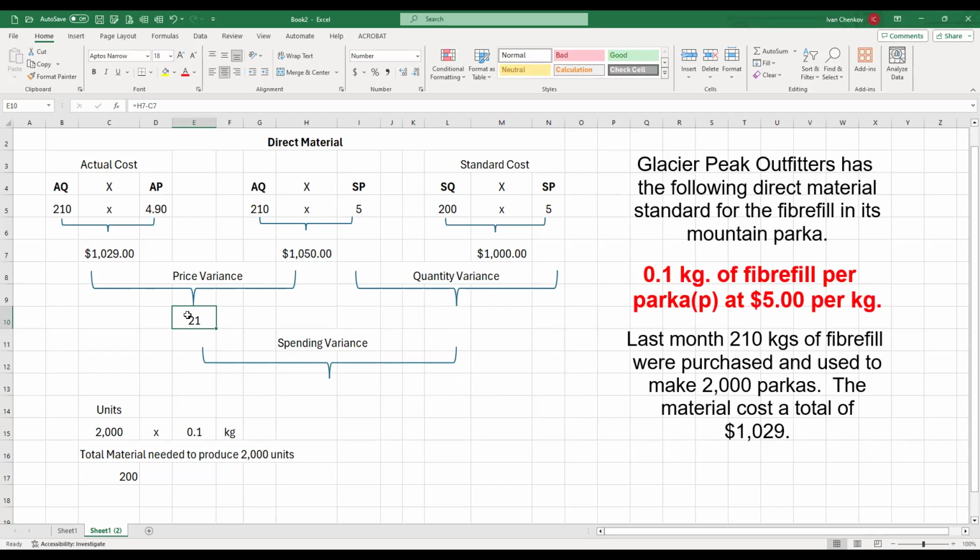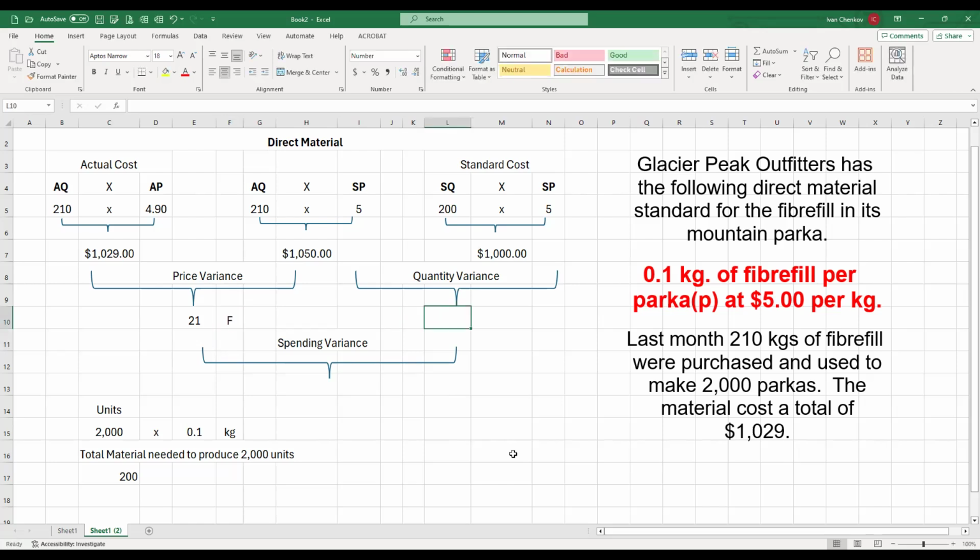Now, what is this for us? Favorable or unfavorable? Is it in our benefit or against us? It's good for us. Why? Because we were supposed to spend $1,050, but in reality we're spending $1,029. Correct? So the $21 will be favorable.